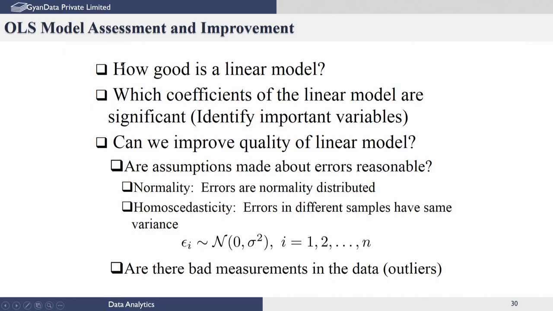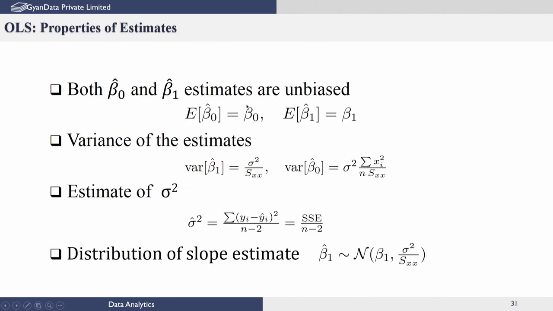And so, we will look at the first two questions in this lecture, which is to assess whether the linear model that we have fitted is good and how we decide whether the coefficients of the linear model are significant. So, before we start, we need to derive some properties of these estimates that we have derived.